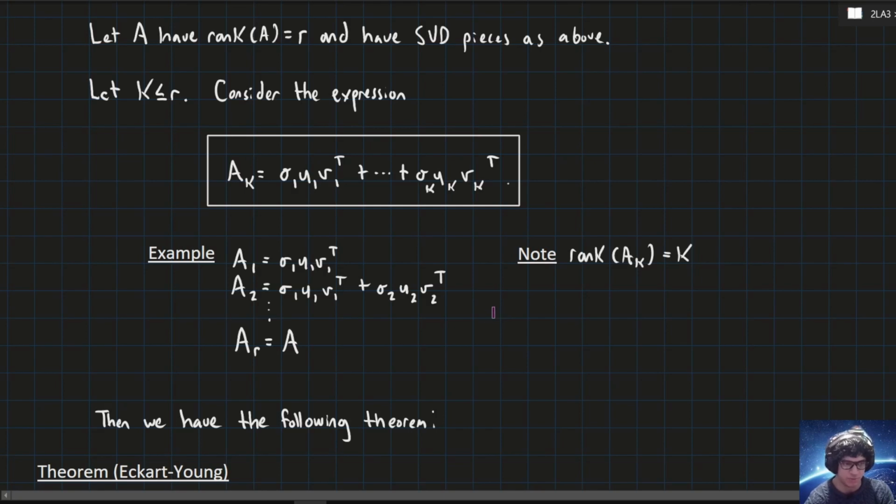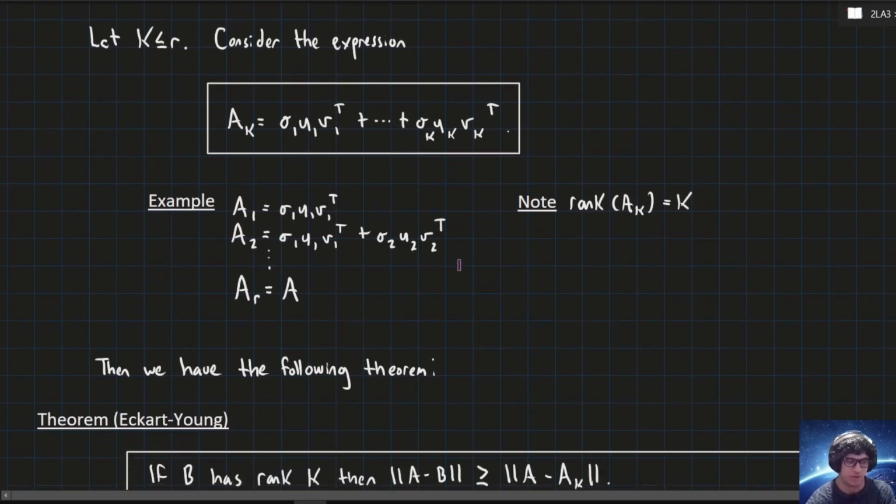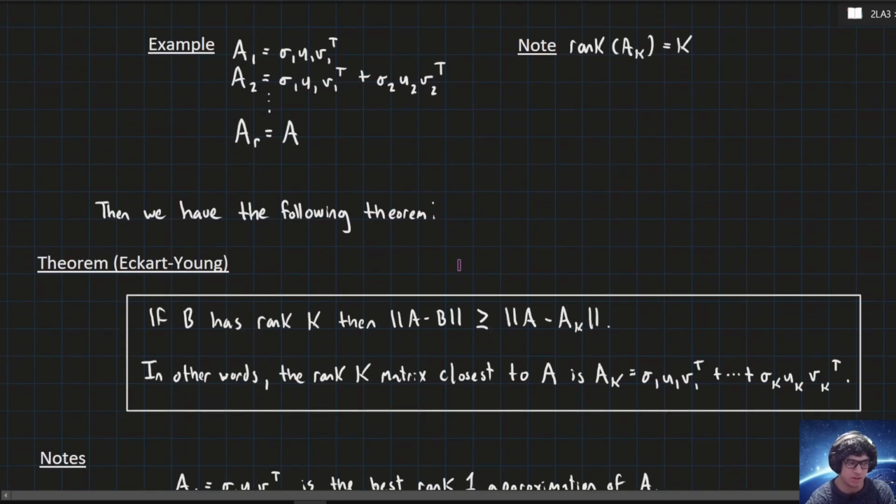Now that we've defined the norm of the matrix, and we have this A_k notation, which is the sum of the first k pieces, we can state the important theorem. It's called the Eckart-Young theorem.